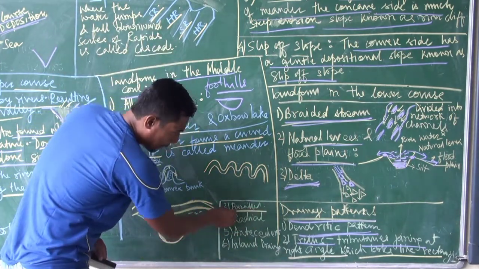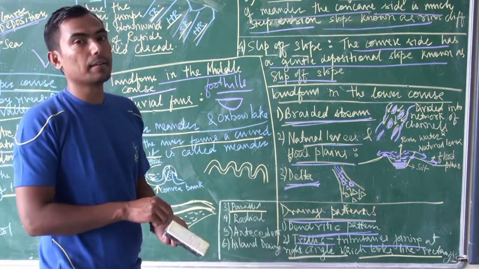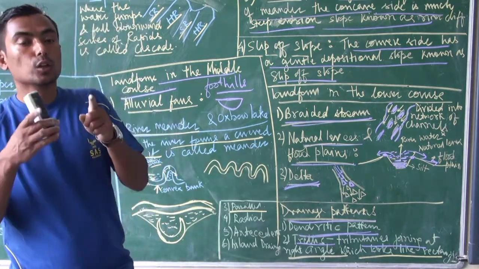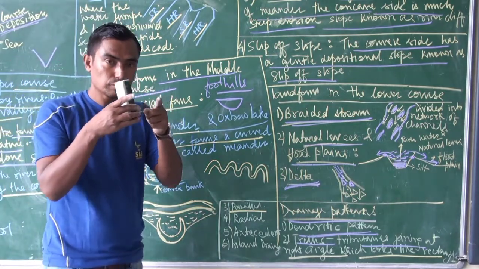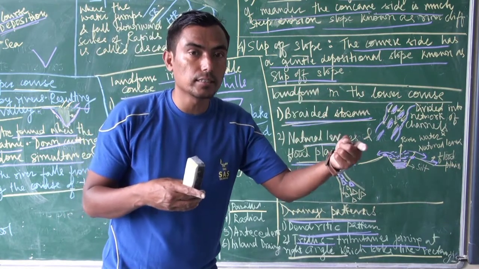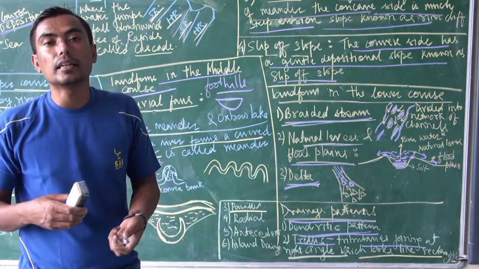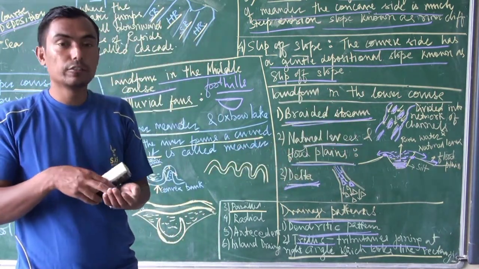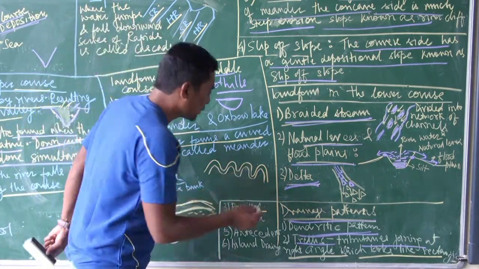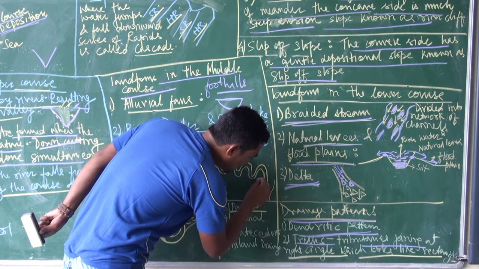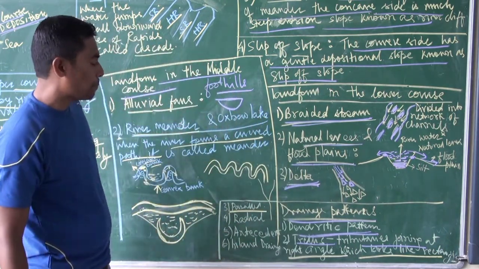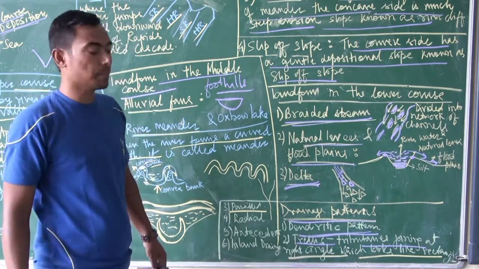Next, parallel drainage pattern. A parallel drainage pattern comes into existence when two streams flow a certain distance and finally meet each other. When two different streams flow at least a certain distance and meet each other, it is called a parallel drainage system.